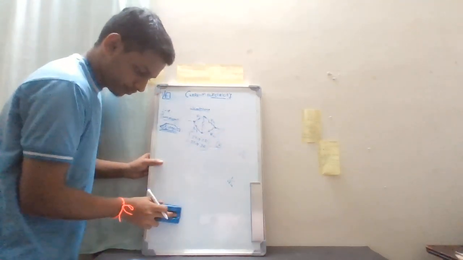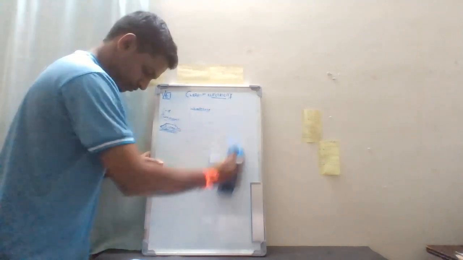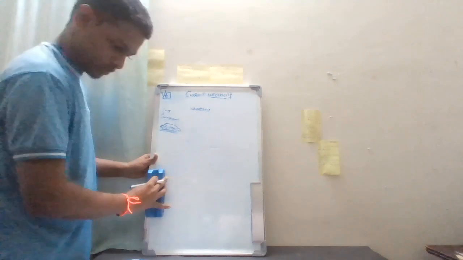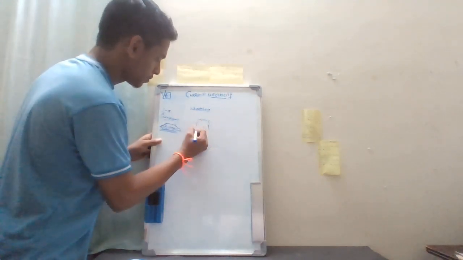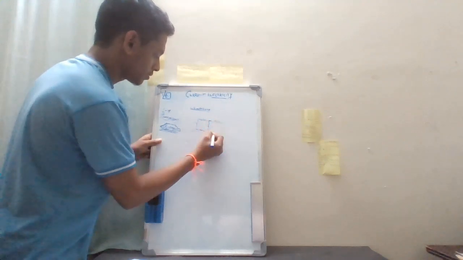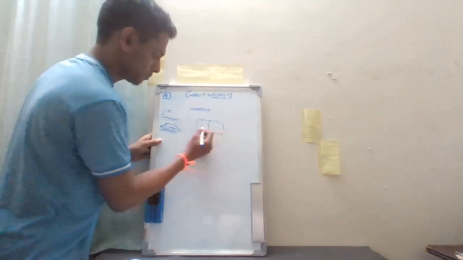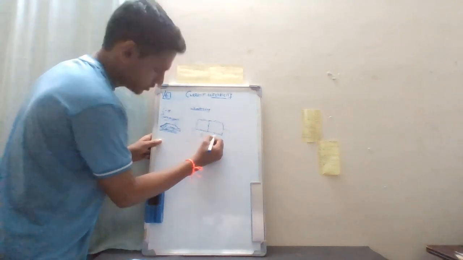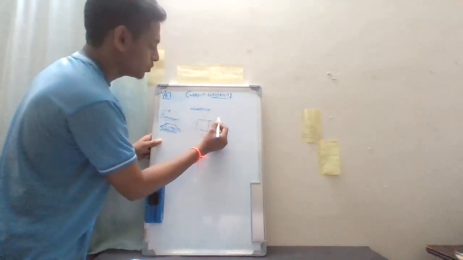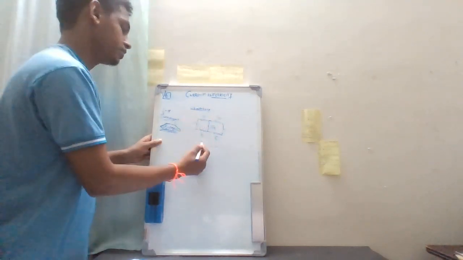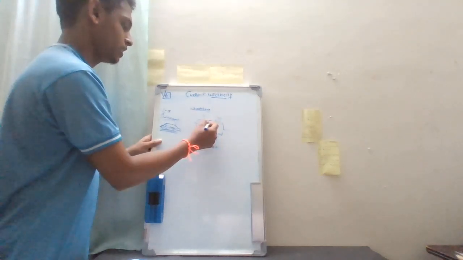Now, an example. This is 3, 6, root 19, 5 and 10 ohms. So 6 into 5 is 30 and 6 into 3 is 30, so we can cancel this out.